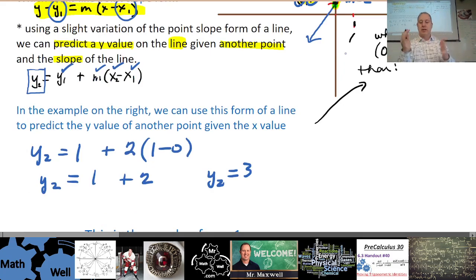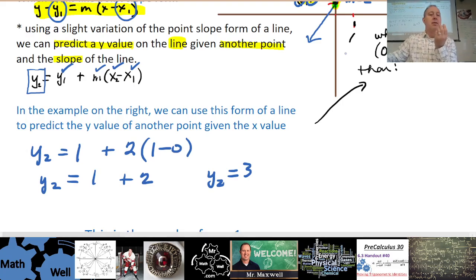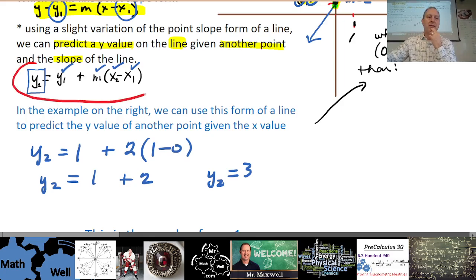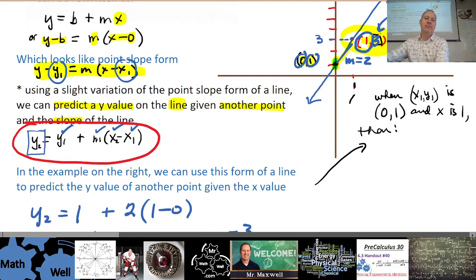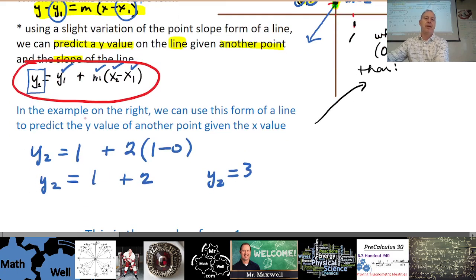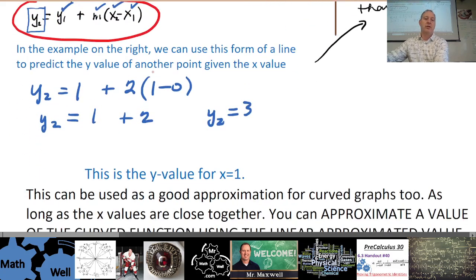This is basic pre-calculus stuff. But what's very important is that this right here is super important, because this is the equation that we're going to be using today. It's just going to look a little bit different. Okay. So we are going to be finding a y value on a straight line today, and we're going to be filling in all the rest of these values.